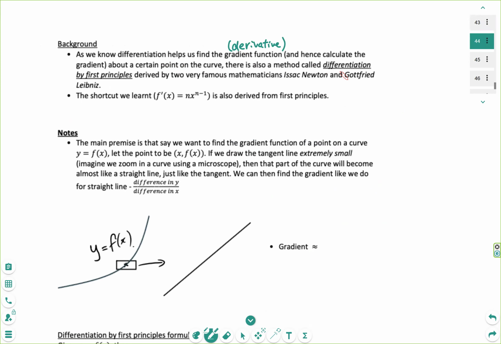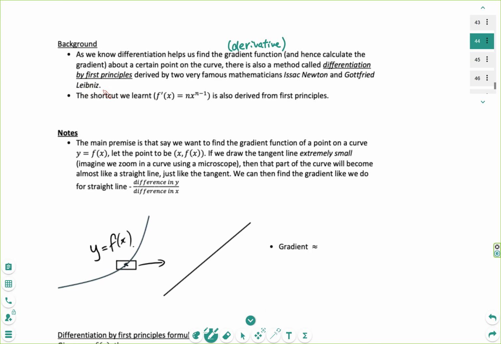There's also a method called differentiation by first principle, derived by two very famous mathematicians, Isaac Newton, who is English, and Gottfried Leibniz. He's not a mathematician you would have heard about in GCSE or primary school maths, or A-level maths, but you will hear him a lot if you do anything higher than A-level, probably university.